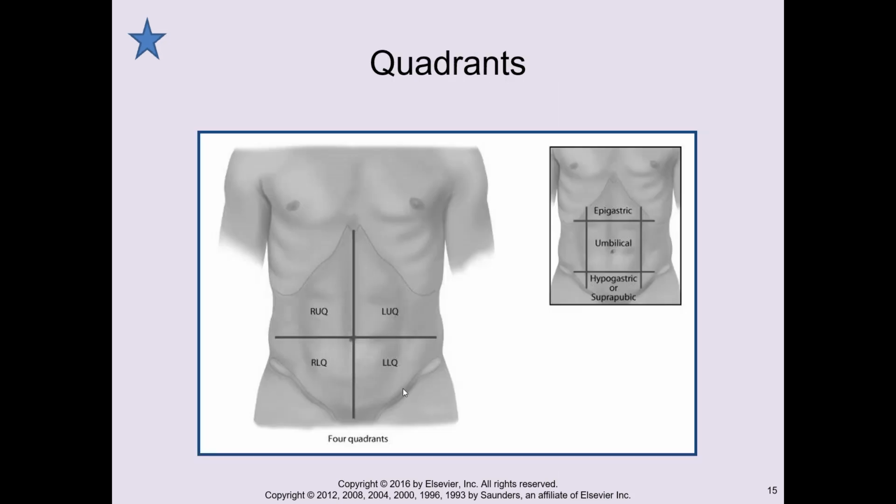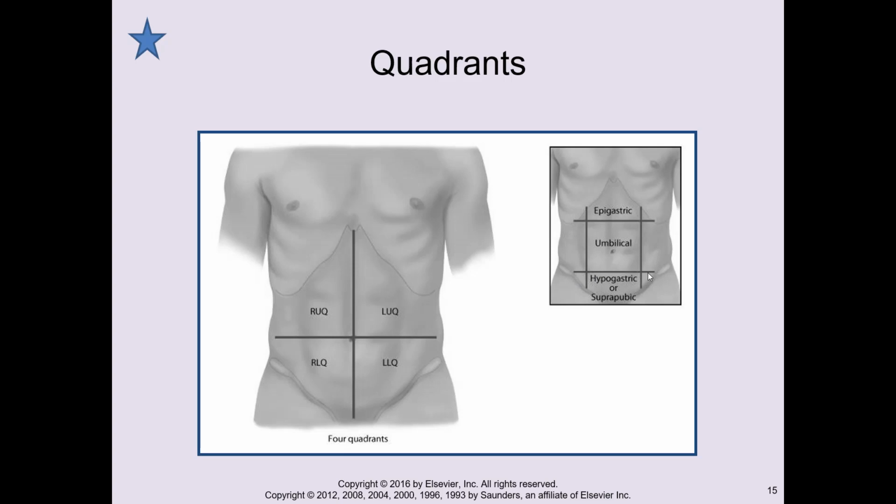So here again are your quadrants, and here is your epigastric area. Right at the line is right above, below, or at the bottom rib. Your umbilical area is this whole area in here, and that's where you're really going to be listening for those bowel sounds.